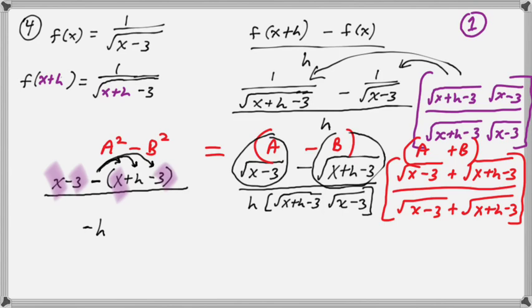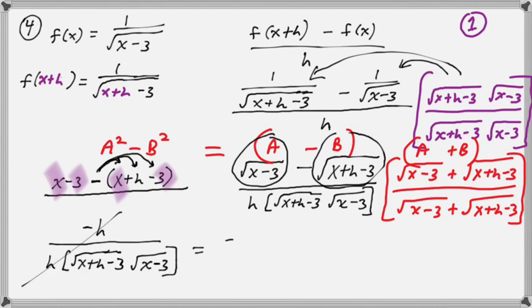There's a negative, though. Negative h, which very conveniently can now cancel with this h in the denominator. That's the whole purpose of using the conjugate, is to simplify it. And this is times radical x minus 3. So those could divide out or cancel, and your final simplified answer would be this.